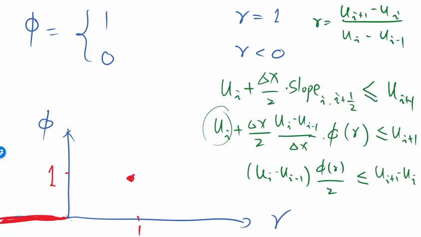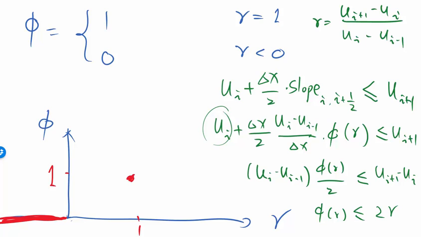Or phi of r has to be less or equal to 2r. I'm just dividing both sides by ui minus ui minus 1, and after the division, the right hand side is exactly r. So that's just the constraint that when I reconstruct from the right, I cannot exceed this local maximum.